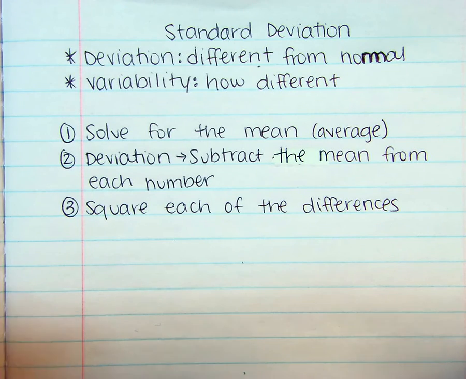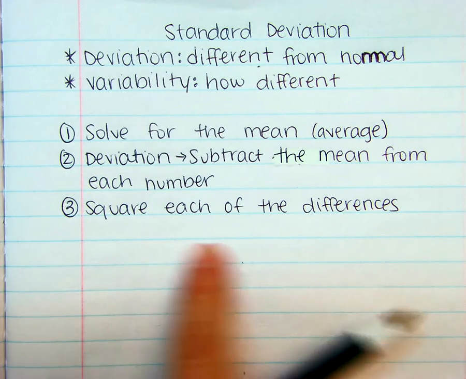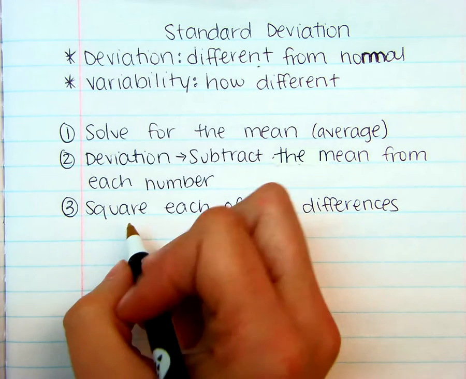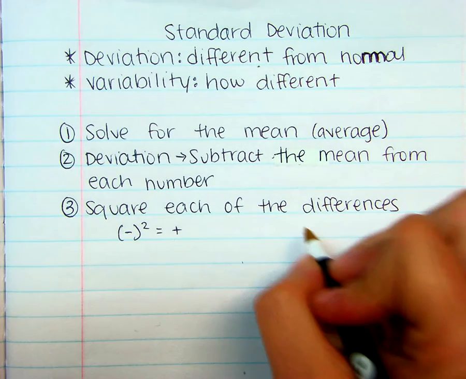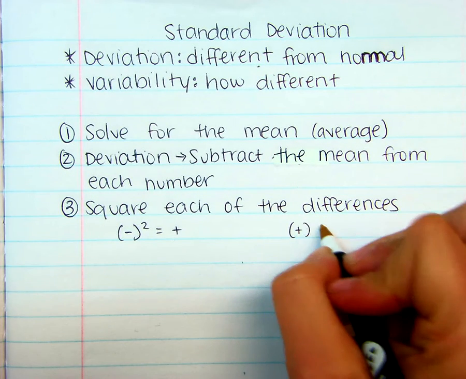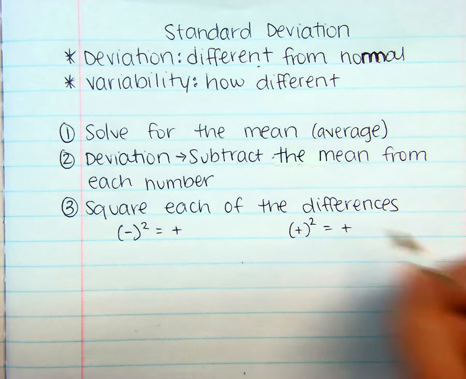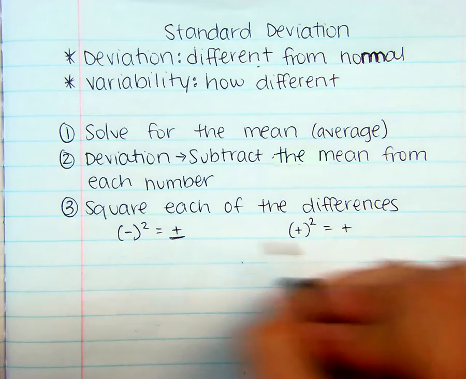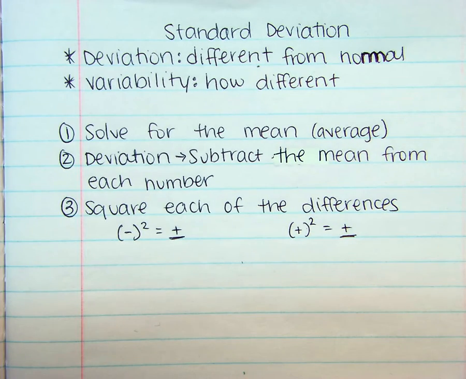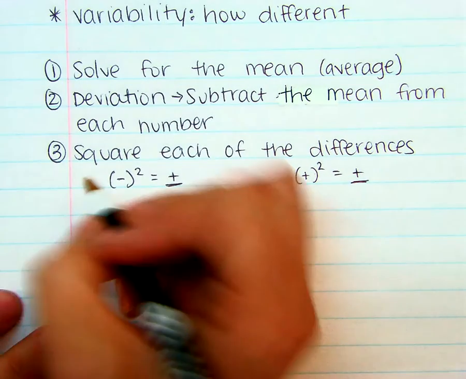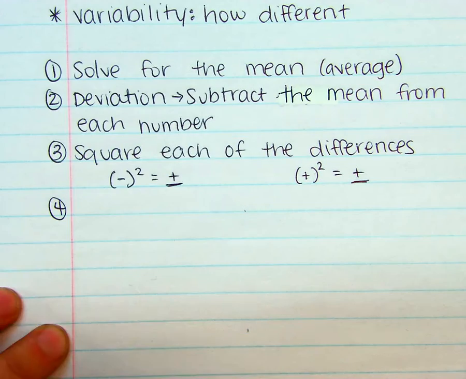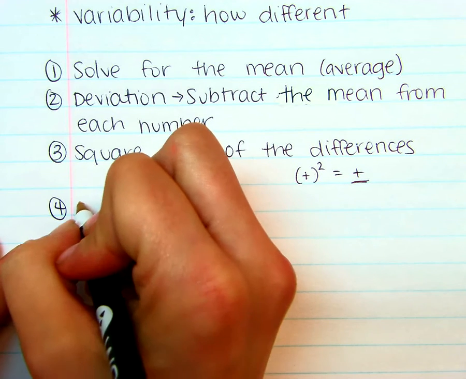Okay, so one thing to keep in mind is anytime you square a number, even if it's positive or negative, if we square a negative, we should end up with a positive. And if we square a negative or a positive, we're still going to end up with a positive. So these should always end up positive. And then after we square, we're going to find the new mean.